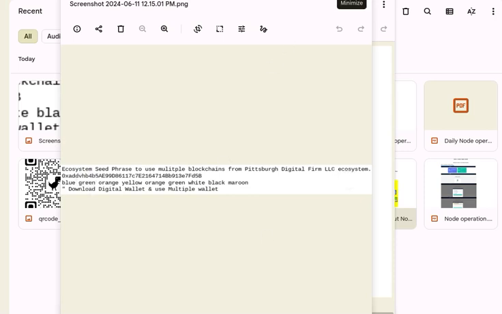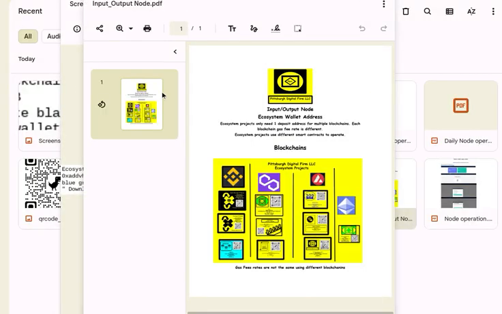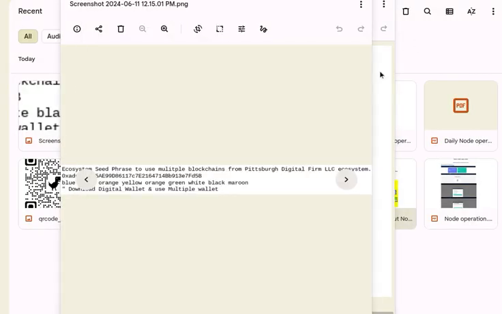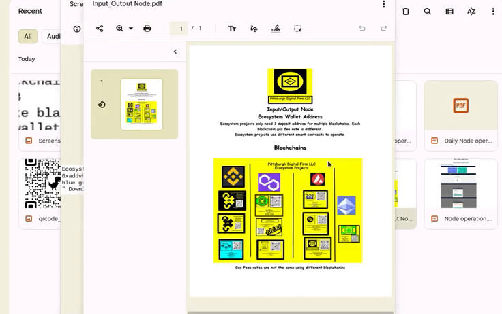So here's an example of the node, the ecosystem with the keys with the 12-word seed phrase. That's an example. I just use colors only. This is the input, output, the ecosystem projects.